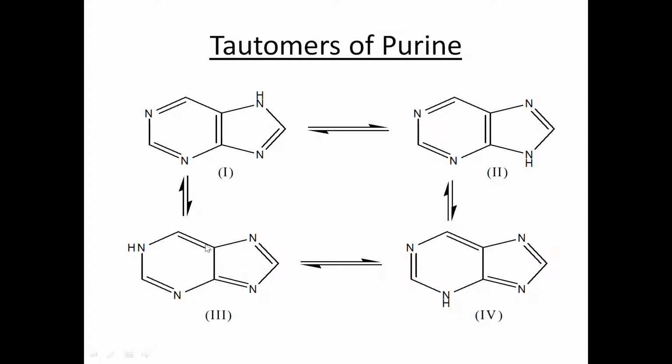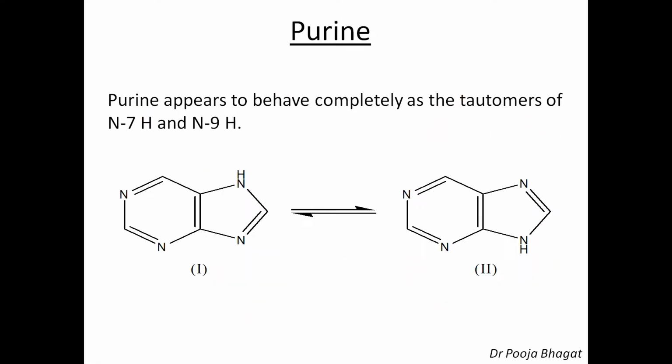So there is a loss of aromaticity, and since they are not aromatic, they are less reactive, and therefore purine appears to behave completely as the N7H and N9H tautomers. So these are the 2 possible tautomers of purine, where the hydrogen atom is present at the 7th position and here at the 9th position.